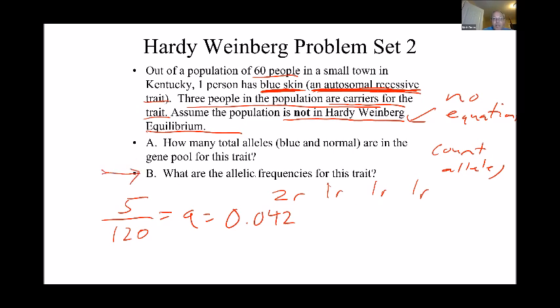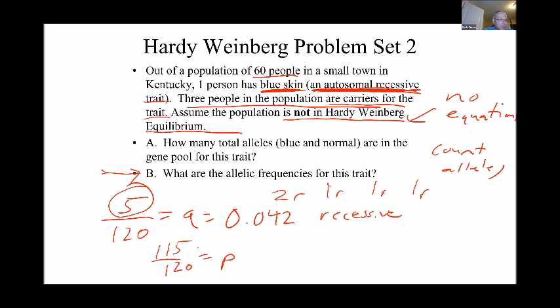We're on B here. What are the allelic frequencies? So the frequency of the recessive allele is 0.042. Now, for the dominant allele, if 5 of the alleles are recessive, that means the rest of them are dominant. So that means there's 115 out of 120 that are dominant alleles, P.